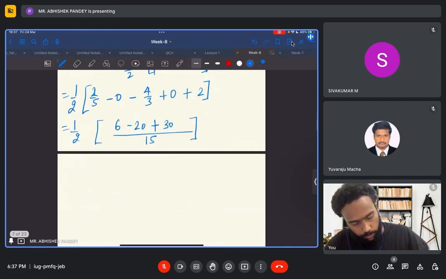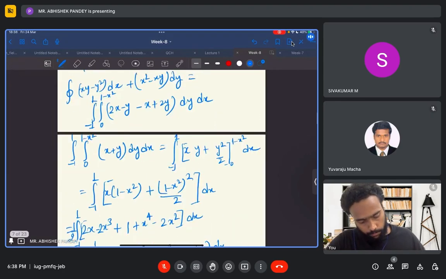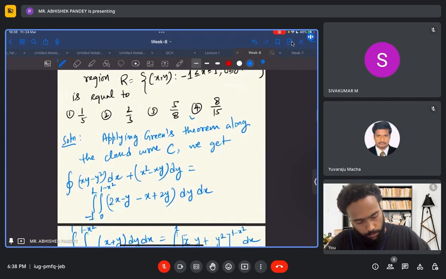So this will be nothing but 36 minus 20, so this will be 16. So this will be 1 by 2 into 16 upon 15. So this will be 8 by 15. Okay. So this is your correct answer, 8 by 15.